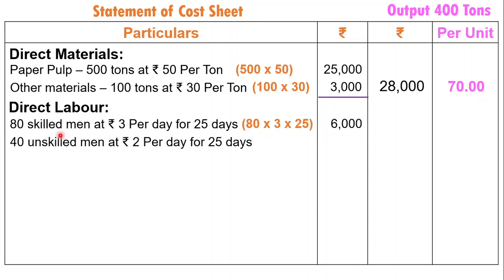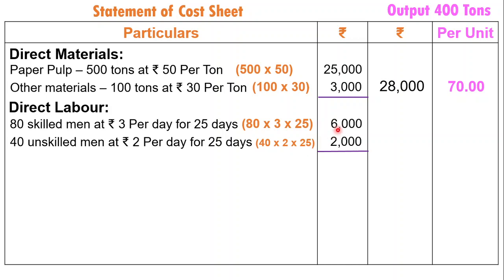Similarly, 40 unskilled men worked at the rate of 2 rupees per day of wages for 25 days. To arrive at the value, 40 workers into 2 rupees per day into 25 days, the product of which is 2,000.